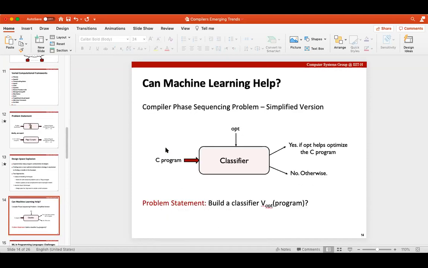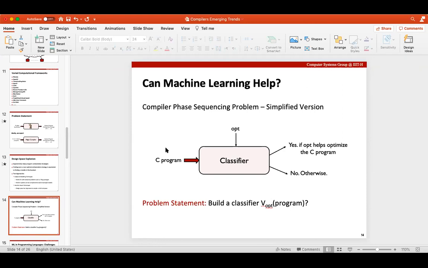So the question is, in this context, can we use machine learning based techniques to figure out the best schedule? In the last class, we saw that Qualcomm people are trying to use machine learning to figure out an optimal, suboptimal or near-optimal schedule for a given program written in Halide.